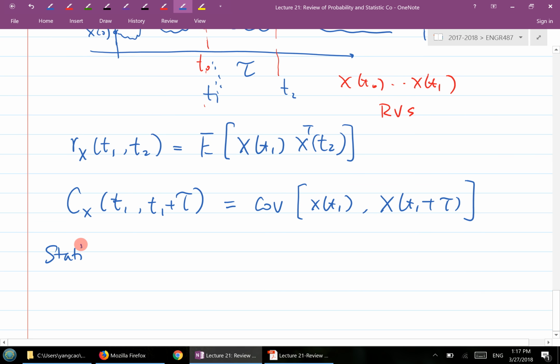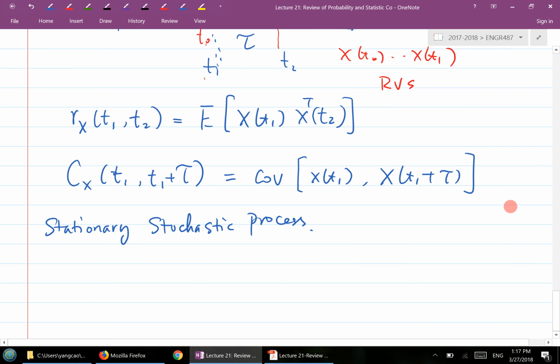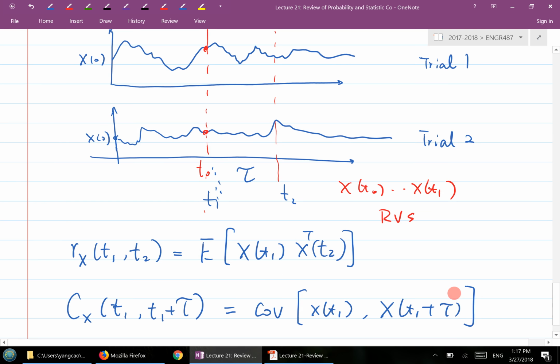We're trying to deal with the so-called stationary stochastic process. The stationary stochastic process basically means it really doesn't matter which time moment you take. Here's a random variable, here's another random variable, right?